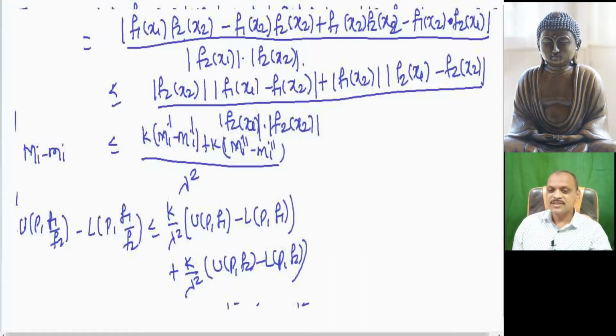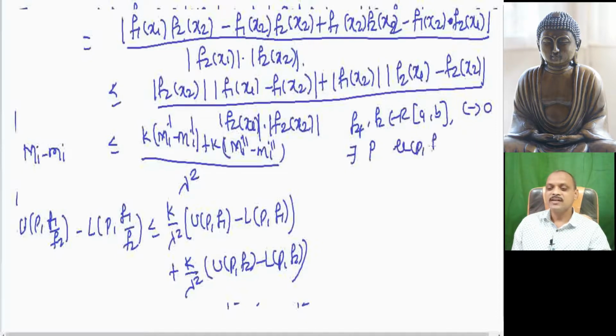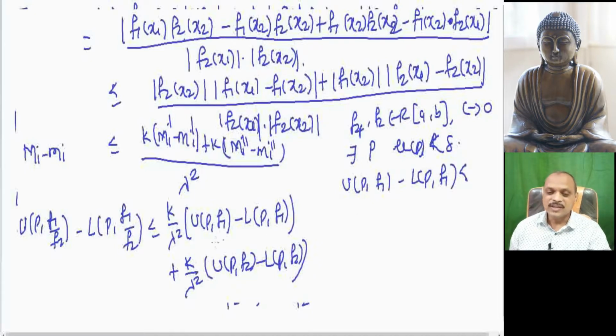What is given? Since f1 and f2 are integrable over the closed interval a comma b, therefore, for epsilon greater than 0, there exists a partition P with norm mu of P less than delta, such that UPf1 minus LPf1 is less than, look at this, we need here epsilon divided by 2.